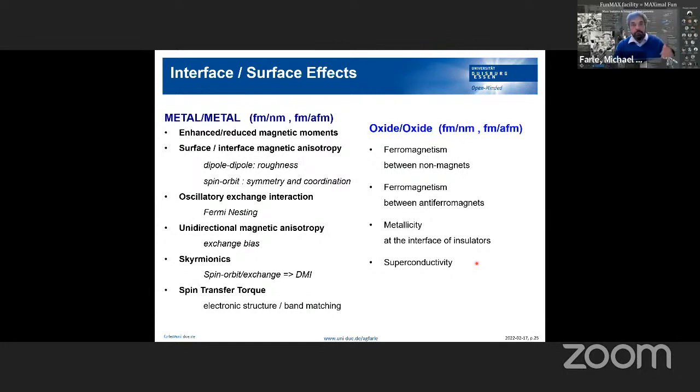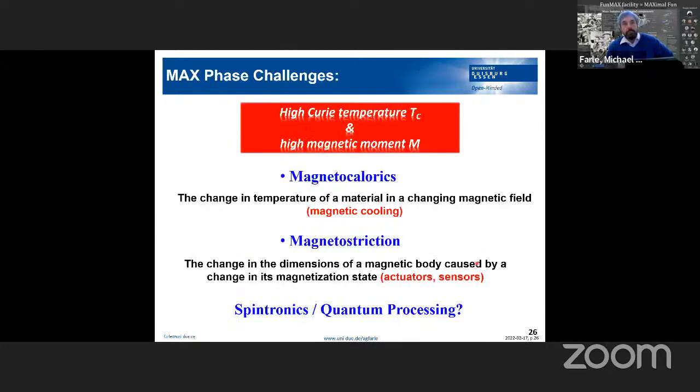But there's a lot of research left to be done, and I think if each researcher in the community looks at two types of compositions, then we are busy for the next 10 or 20 years even. So what are the challenges? We want a higher Curie temperature and a high magnetic moment. We want to develop magnetocalorics, so a high entropy change as a function of field or temperature.